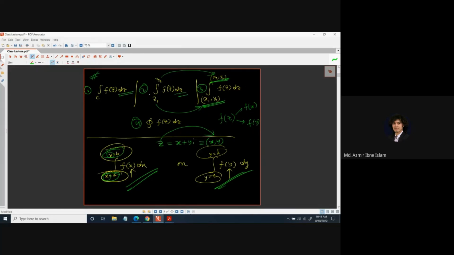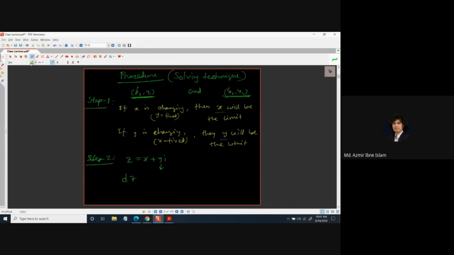At first we have confirmed the limit, then we find dz, then we can evaluate the integral. Whatever the function you have, your dz will be evaluated from the base form z equal to x plus yi. So from this part, find dz by differentiating.